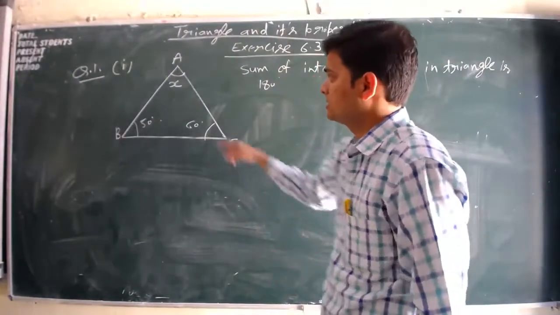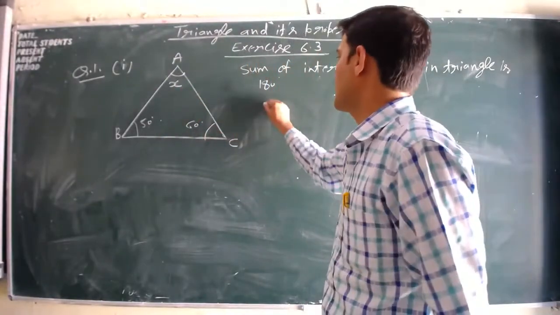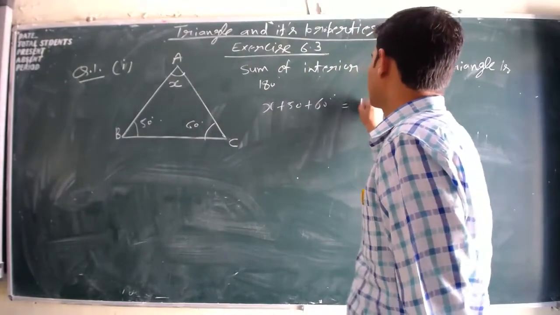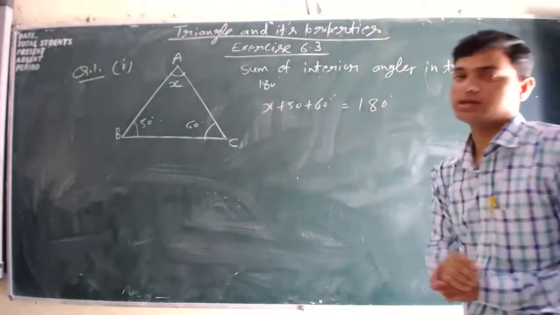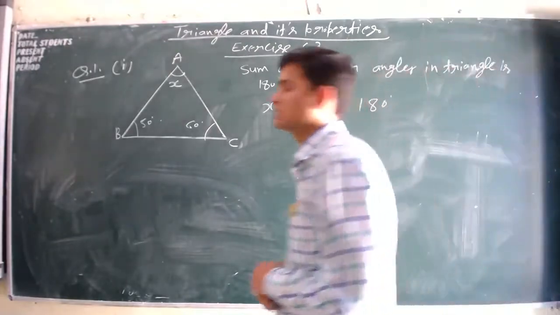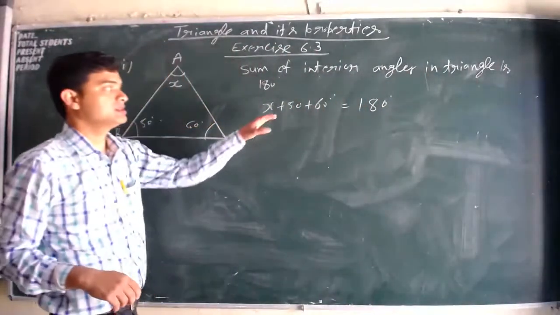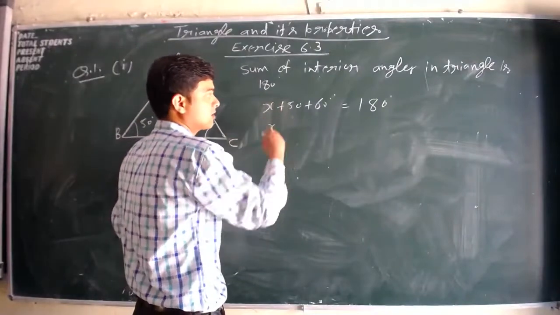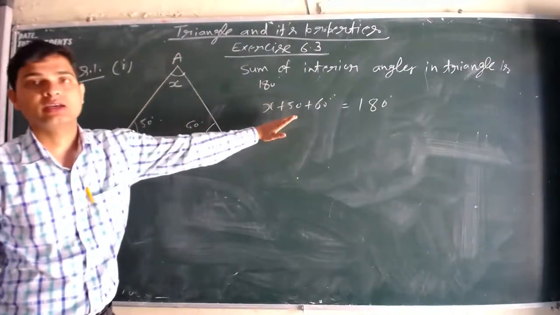It means x plus 50 plus 60 is equal to 180 degrees.